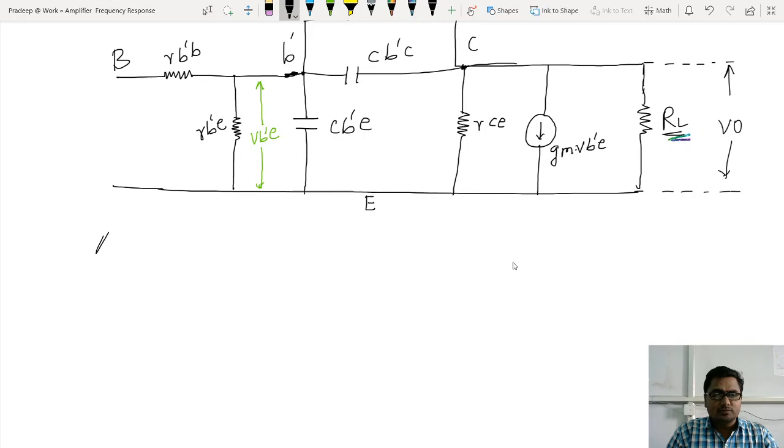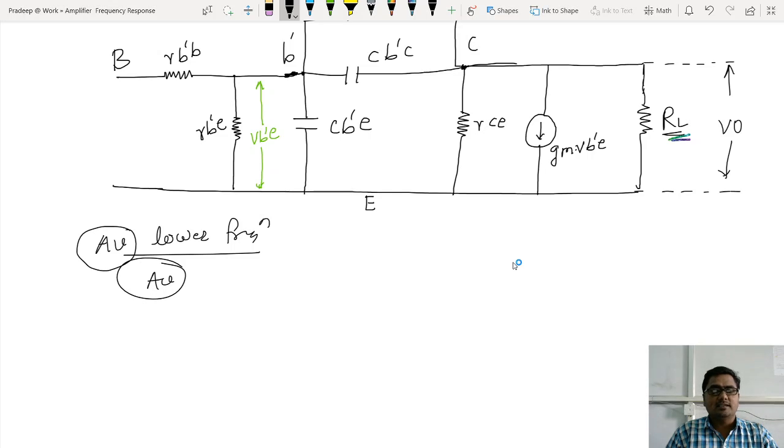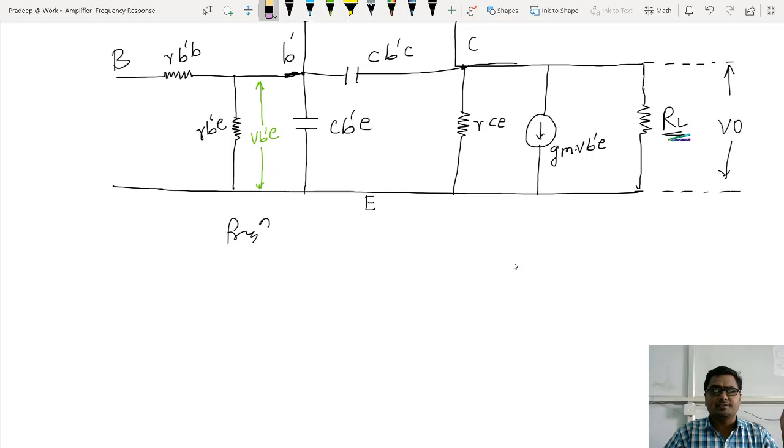We can use our traditional notation, that is AV. But we have used this AV for lower frequencies. For lower frequencies in hybrid module, we have seen that AV was mentioned everywhere as voltage gain. So now that we are in higher frequency module, let us change the notation.